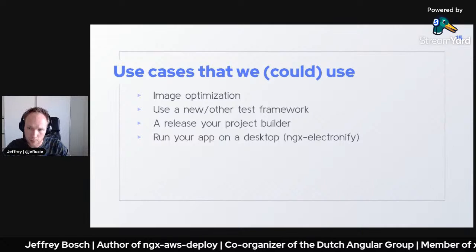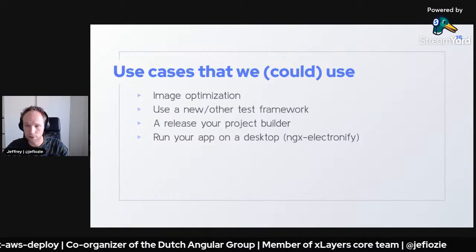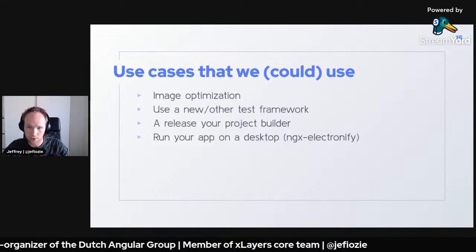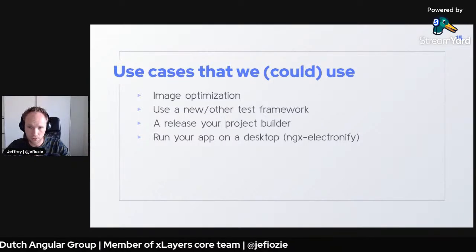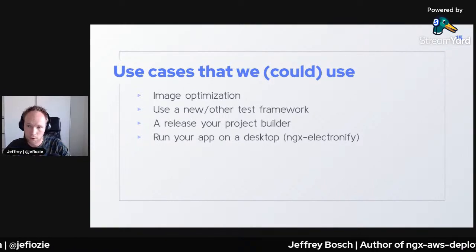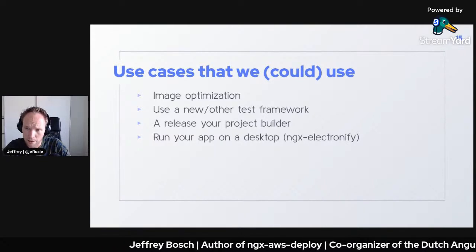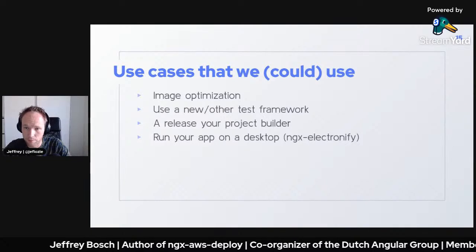Here is where a builder could be easy for your team. You can easily make a builder that does these changes, copies files over, or does anything you want, and you just have to use the Angular CLI, ng run your custom builder for releasing your project, and it will give the results for your whole team.